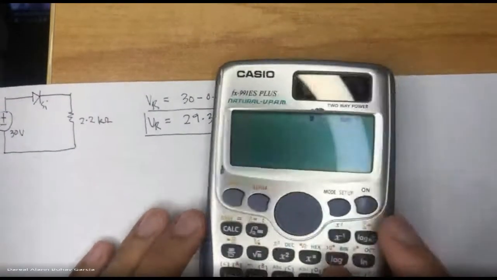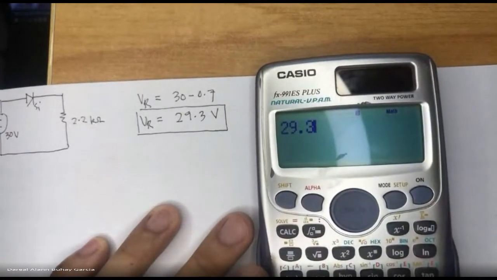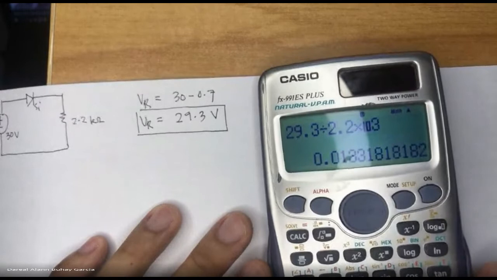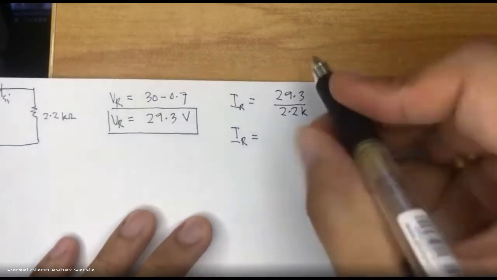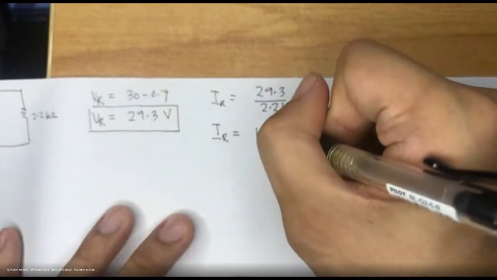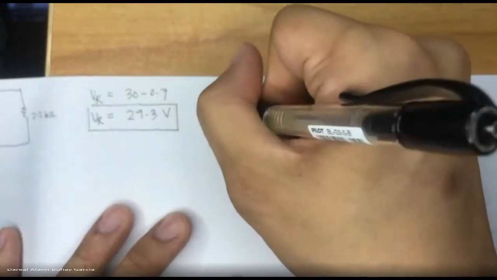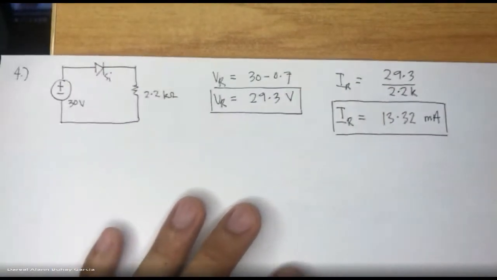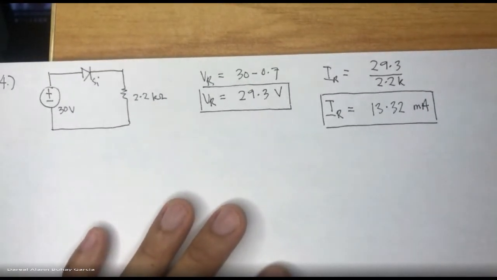So 29.3 divided by 2.2 kilo is 13.32 milliamperes. Pretty straightforward na ba ang solution, no?